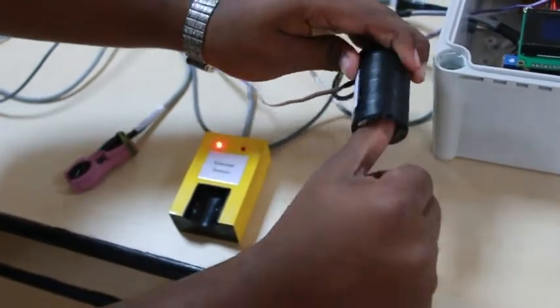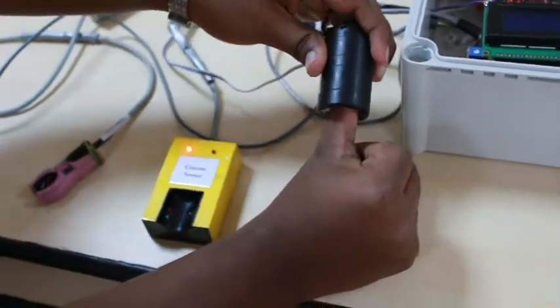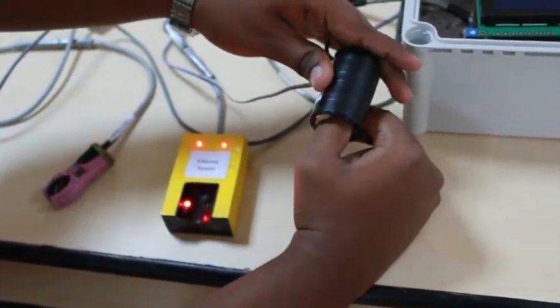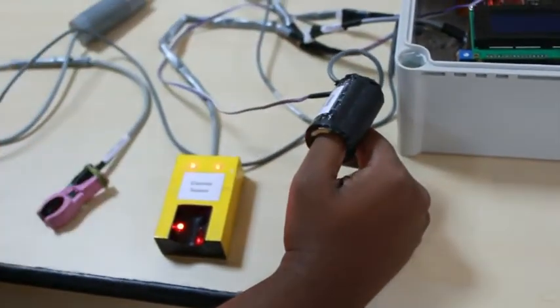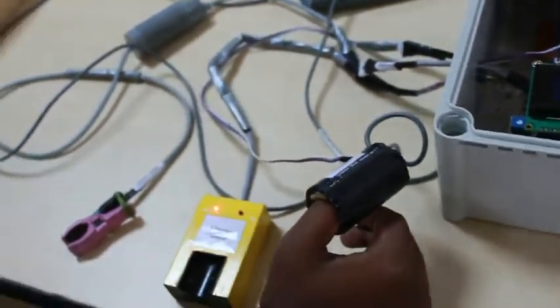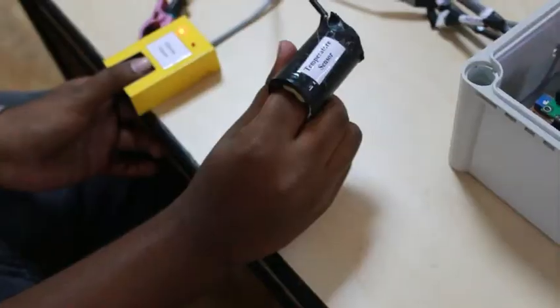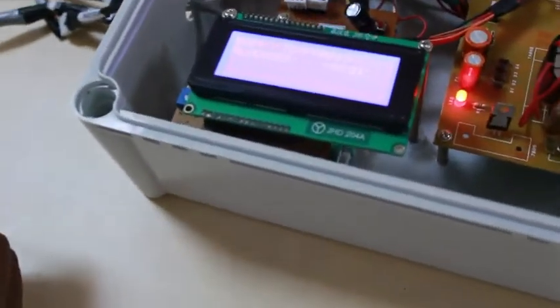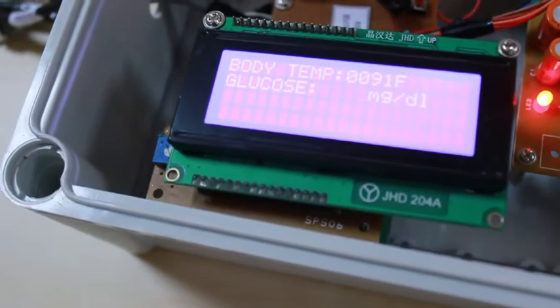In NTC thermistors, the resistance varies exponentially due to change in body temperature. The sensor output is given to a voltage divider circuit and finally to a microcontroller for analog to digital conversion. The digital values are scaled to Fahrenheit temperature and displayed on an LCD.